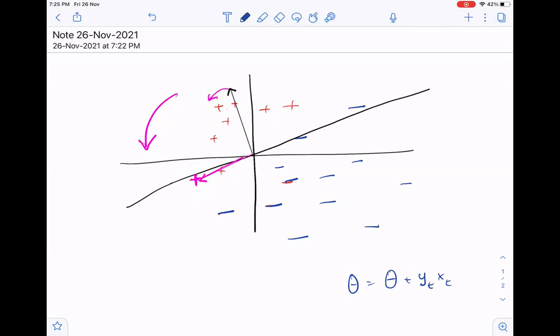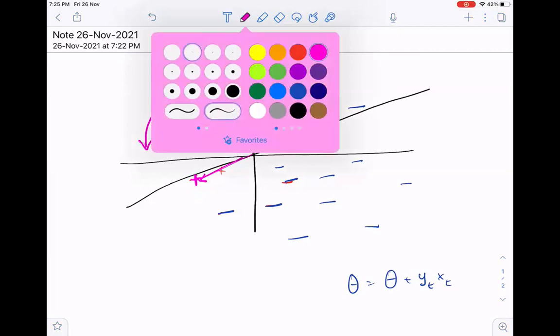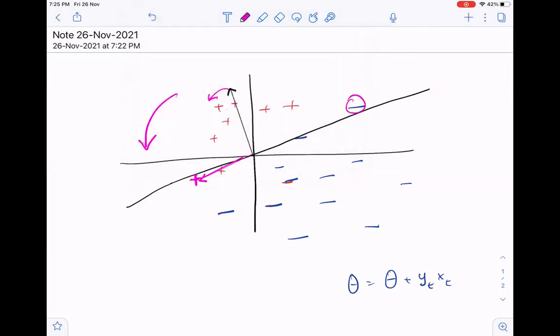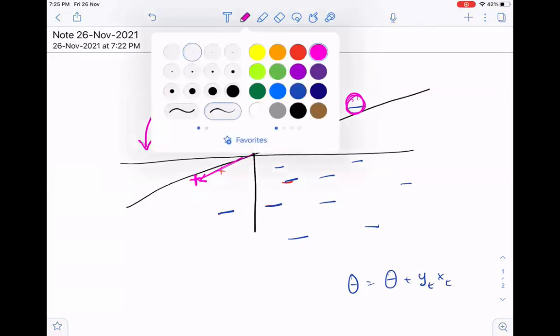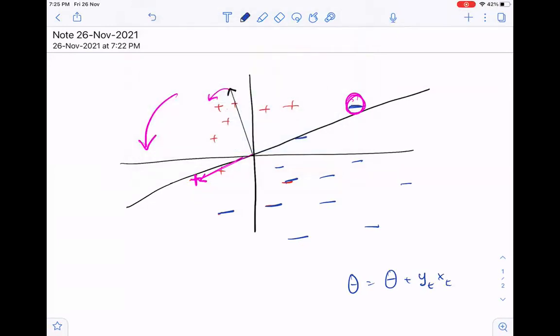But what happens if the point that I'm looking at is, say, this point? This is also a misclassification, right? In that case, what should I do? So you want to move the vector away from this point because it has to be classified in the other direction.